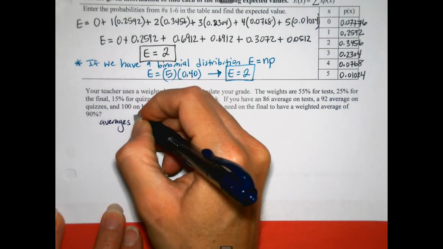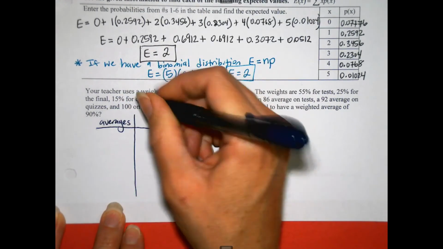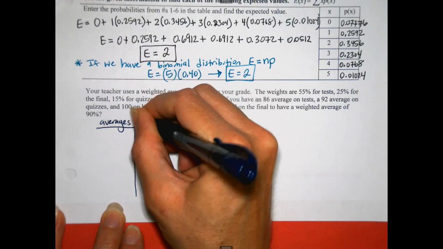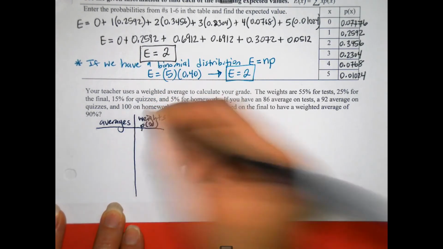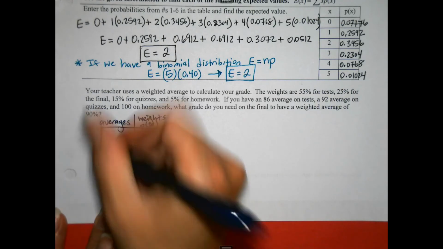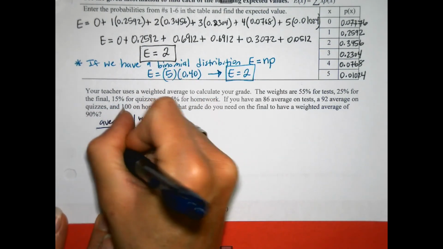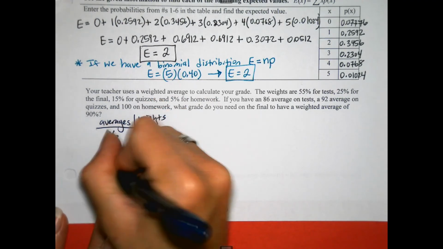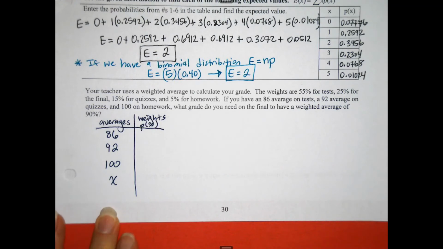Again, we can use this idea of expected value to help us solve this. And our weights are going to be our probability. We have an average of 86 on tests, 92 on quizzes, 100 on homework, and we want to know what we have to find on the final.